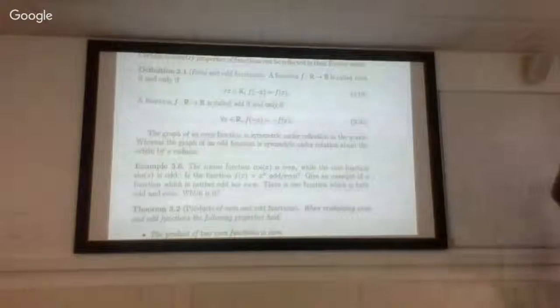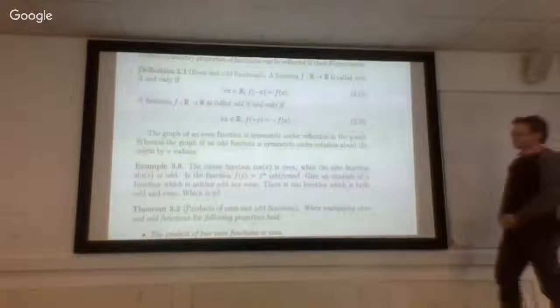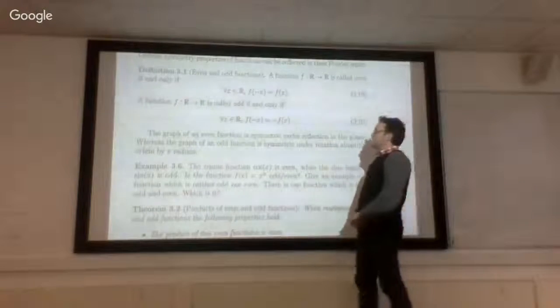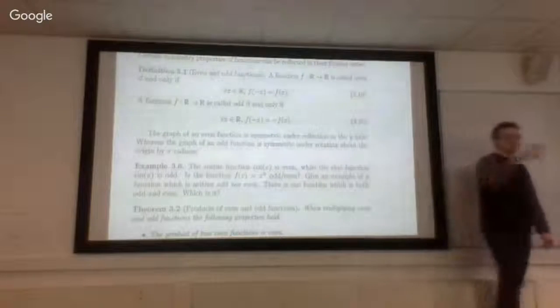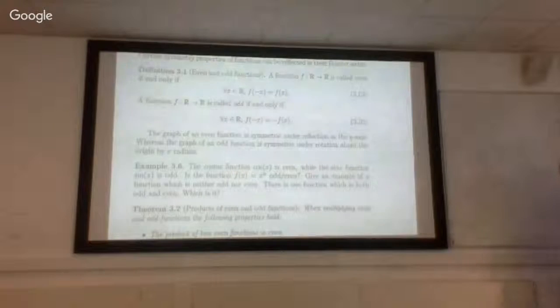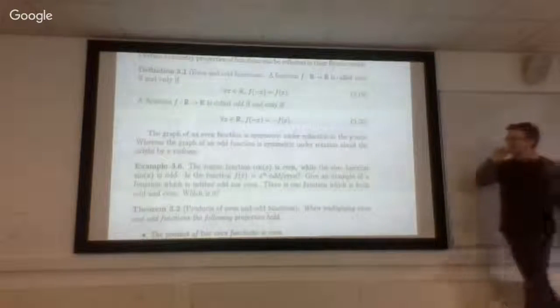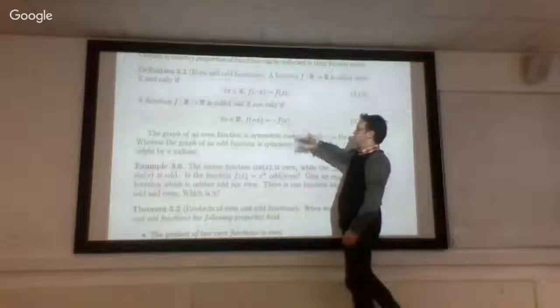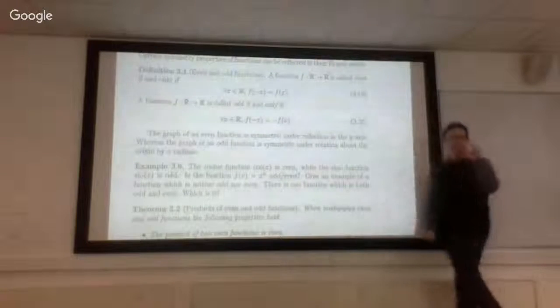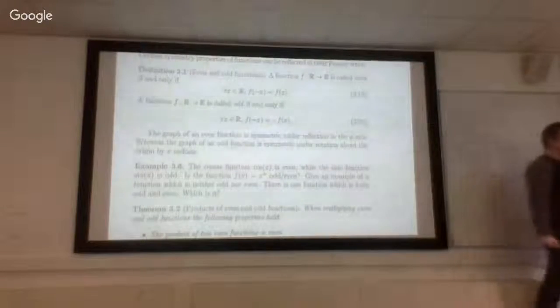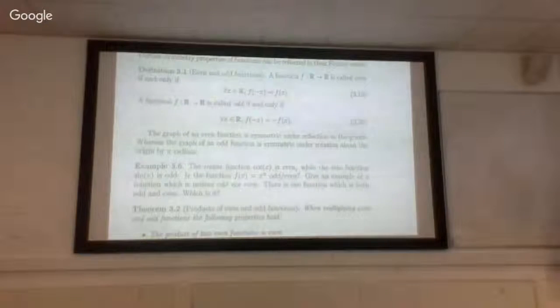We spent some time investigating these definitions, and these two properties really affect integrals. When you integrate these functions across an interval centered at the origin, odd functions have an integral of 0, and even functions have an integral which is twice the integral just over the positive half.